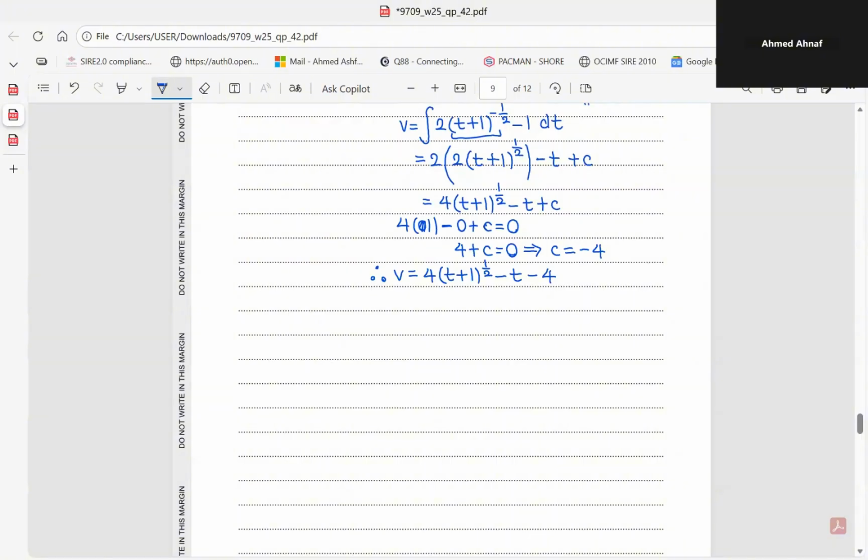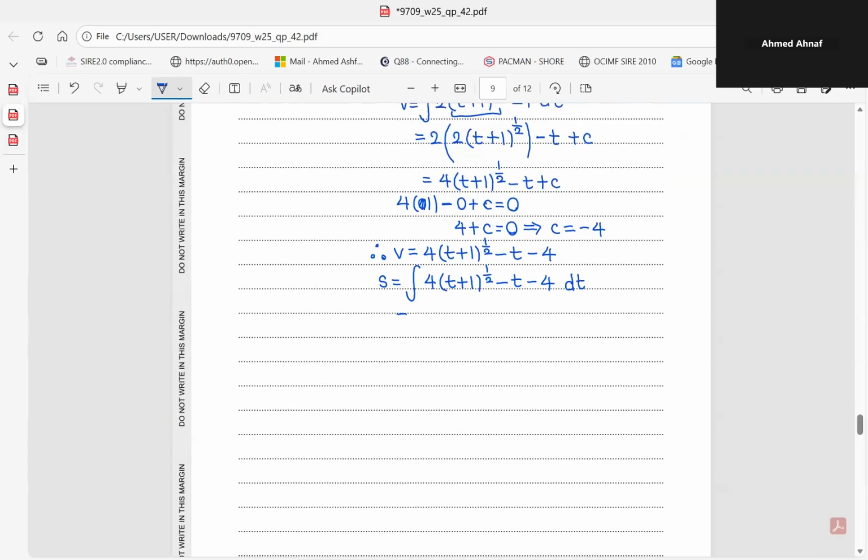We need to find s. So to find s, you need to integrate the expression for v. So that's 4 times t plus 1 to the half, minus t, minus 4, dt. Okay, so integrating that, you leave the 4 alone and integrate this. So half plus 1, that's 3 over 2.